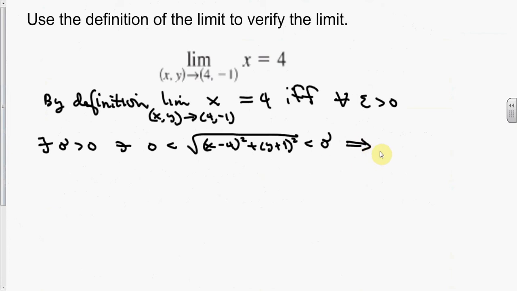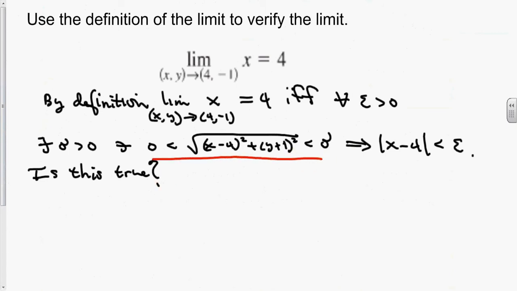Does that imply that the absolute value of f of x, y, which is just x, minus 4 is less than some epsilon? The question is, is this true? So we prove it. What are we proving? We are proving that the assumption implies the conclusion.